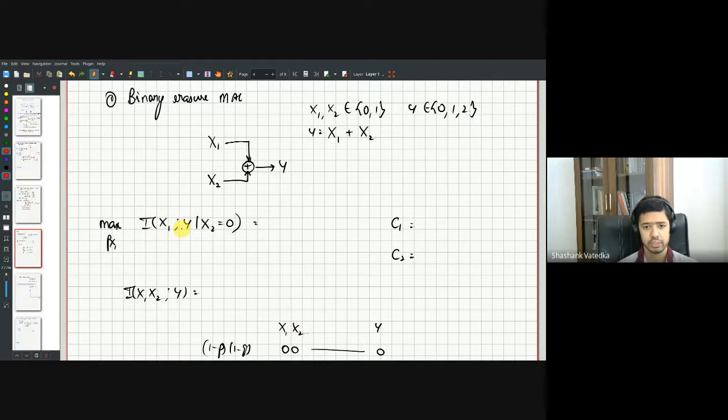So x1 is either 0 or 1. You can look at all possible distributions on x1. x2 is fixed, it is equal to 0. So in this case, what would be the maximum of the mutual information between x1 and y, given that x2 equals 0?